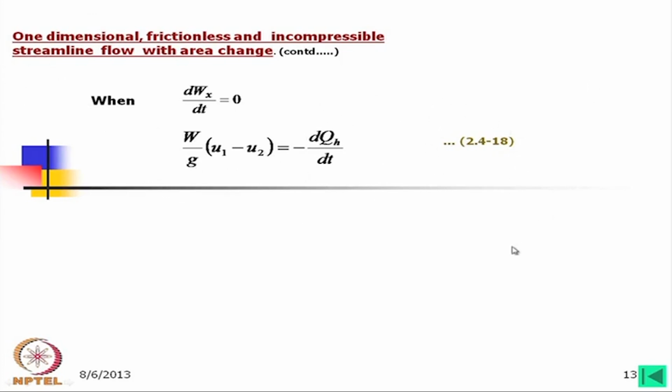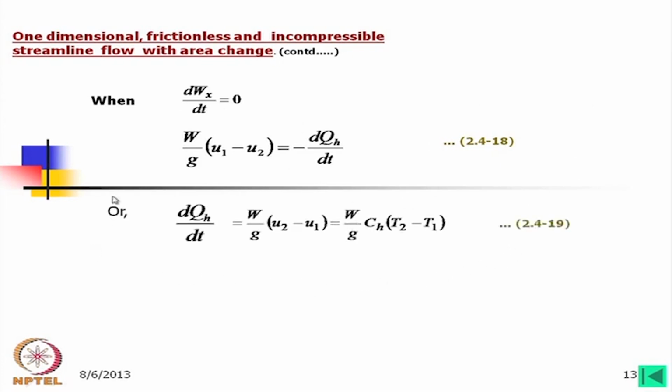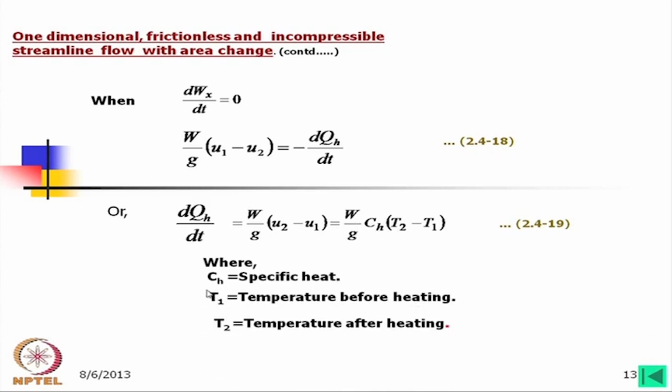Obviously, we have considered Z 1 is equal to Z 2, and we can write dQH by dt is equal to W by G times (U 2 minus U 1), which is equal to W by G times CH times (T 2 minus T 1), where CH is the specific heat, T 1 is the temperature before heating, and T 2 is the temperature after heating.